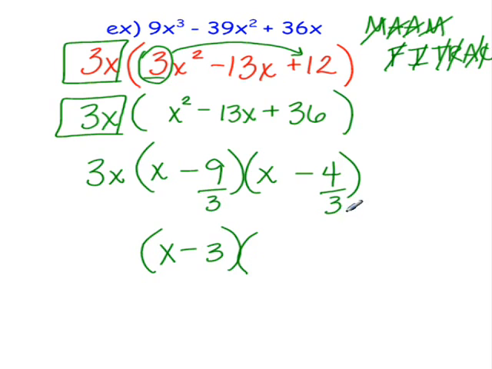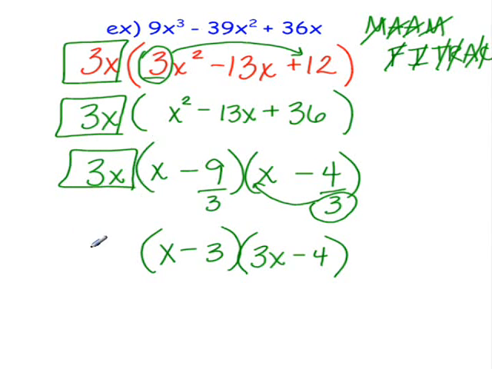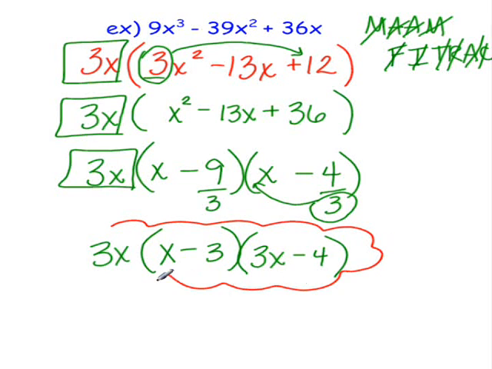And 4 divided by 3, or 4 over 3, does not reduce to a whole number. And we can't have a fraction, so let's do the bump and bump it right in front of that variable. So we got 3x minus 4. What keeps coming along? Our GCF. This is our factored form.